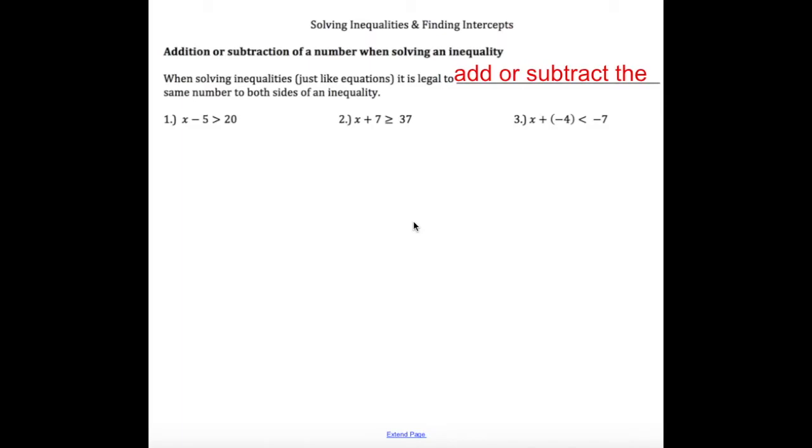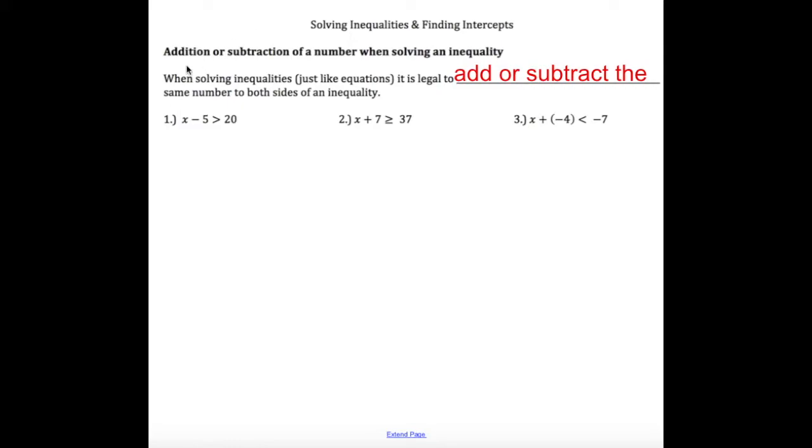And when solving inequalities, just like equations, it is legal to add or subtract the same number to both sides of the inequality. So let's do a couple examples completing those steps.